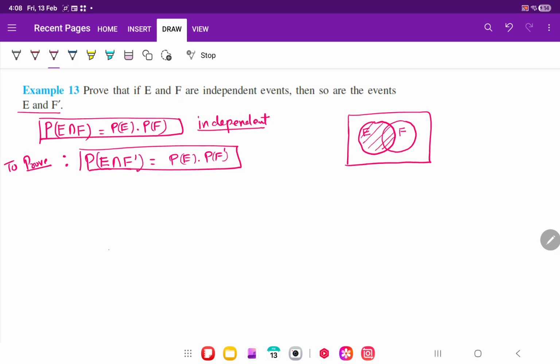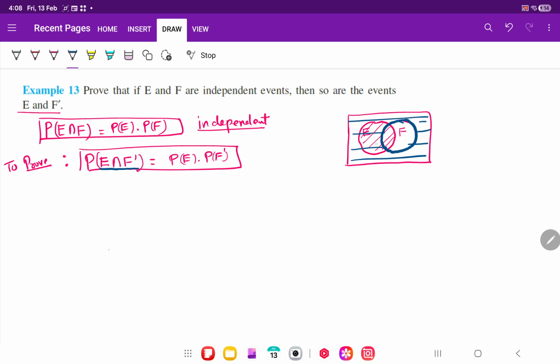And what is F dash? F dash means everything else except F. So F is this, and everything except F is, let me draw, this. But we need E intersection F dash. Intersection means where we have both lines.